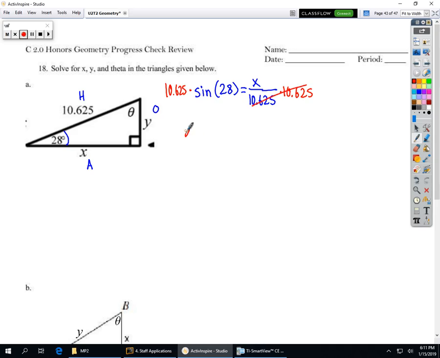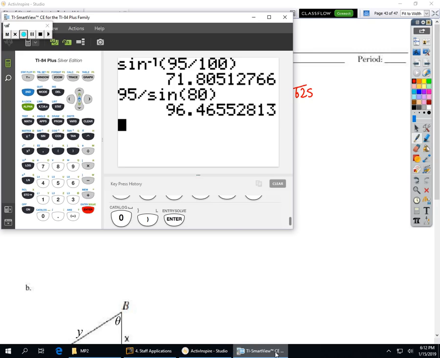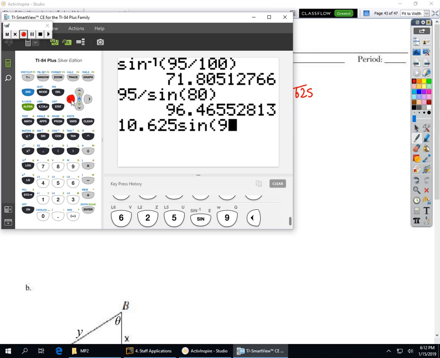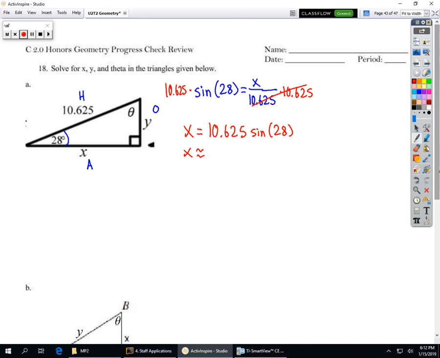I'm left with x equals 10.625 sine 28. This can go into our calculator. 10.625 times sine of 28. Enter. That gives me 4.988. That's x.